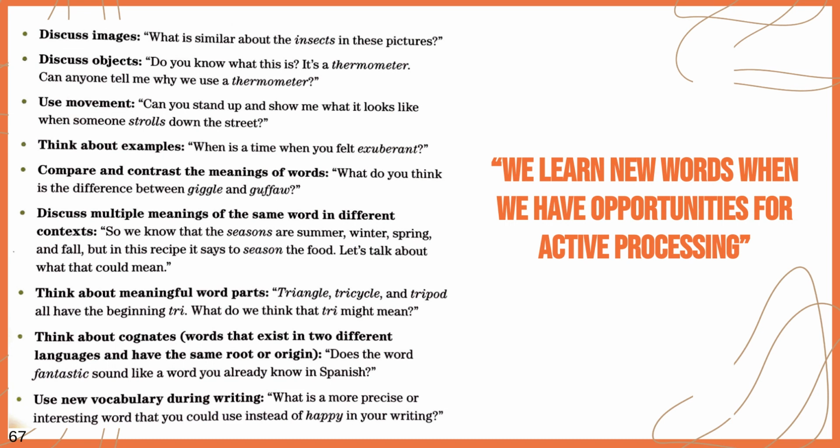So in discussions about texts or new ideas, students have opportunities to use new words that are connected to their learning. Sometimes in these discussions, you can invite students to think very specifically about a particular word or context for that word. So you want to look for ways or opportunities to sprinkle these things in during your instruction.